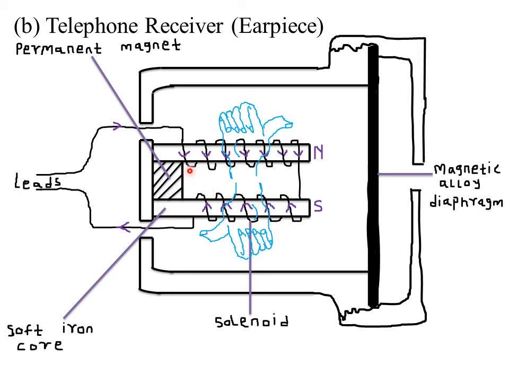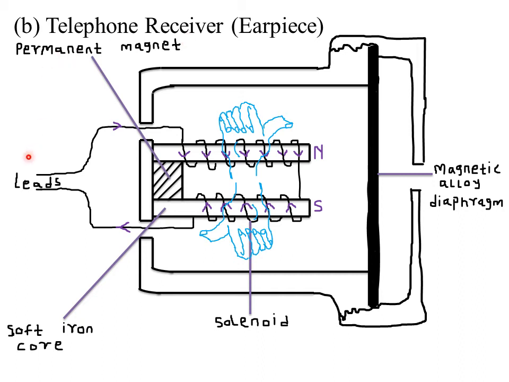The interaction of those two magnetic fields is what causes the vibration of this solenoid. The solenoid, as it vibrates, also causes the diaphragm to vibrate, thereby producing the sound that was made by the person through the microphone. So that is how a telephone receiver, or what we call the earpiece, works.